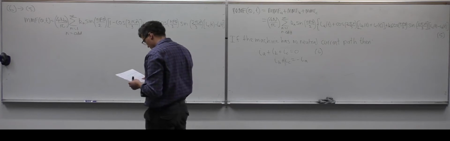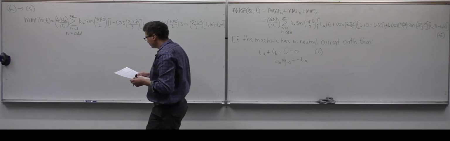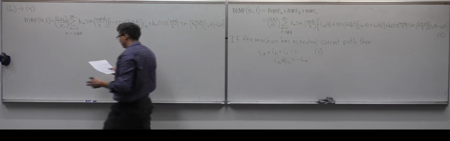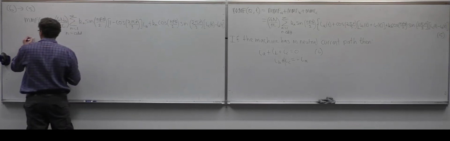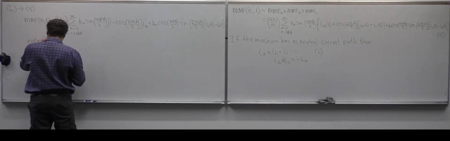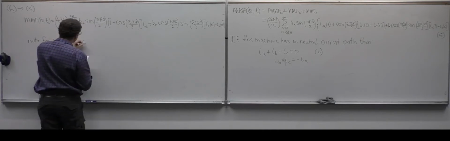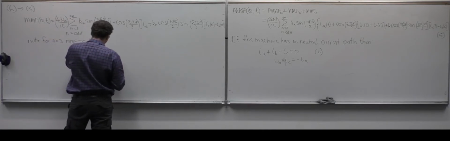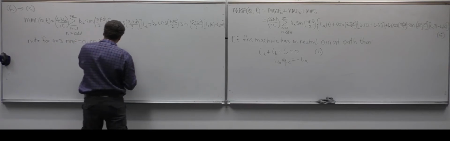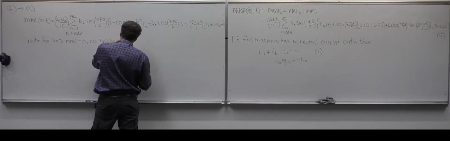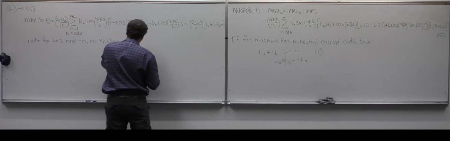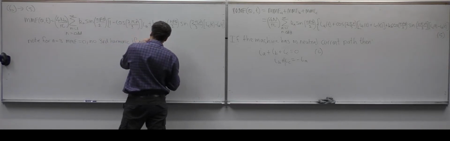That's pretty interesting, right? Note, for n equals 3, the MMF is 0. No third harmonic if no neutral.